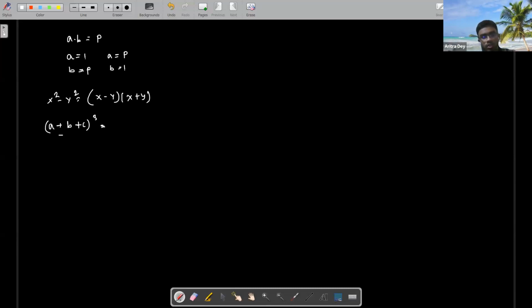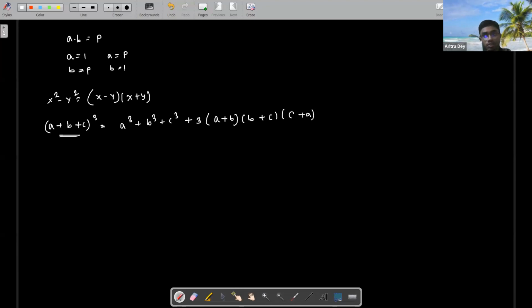In general we don't remember the cubic formula, so I'm just doing it quickly: a cube plus b cube plus c cube plus 3 into a plus b into b plus c into c plus a.